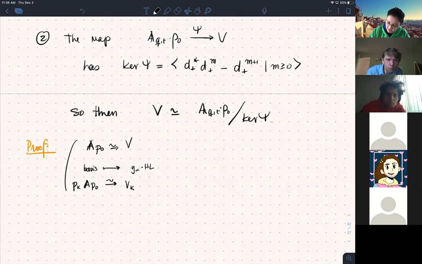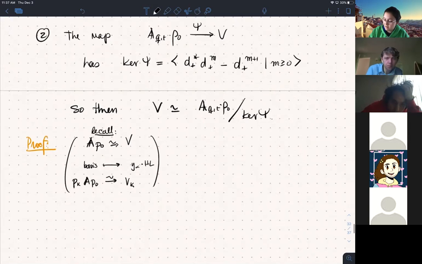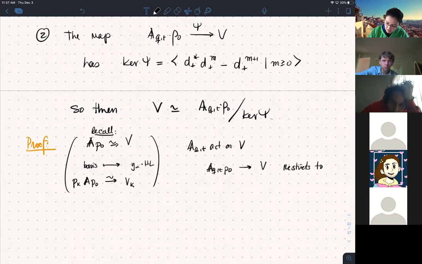So now with this in hand, recall that AQT is going to act on V, and it's going to satisfy the right relations, obviously. But in particular, this map AQT P0 to V restricts to this map star to star.